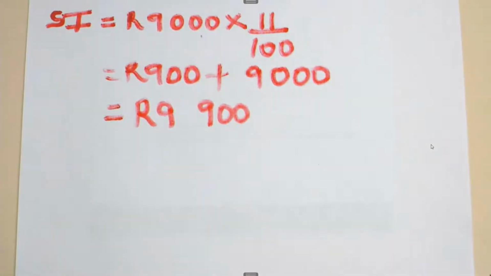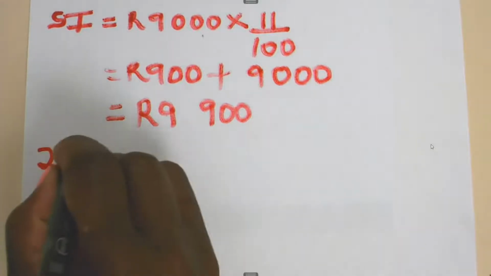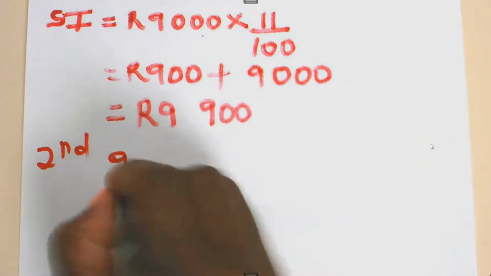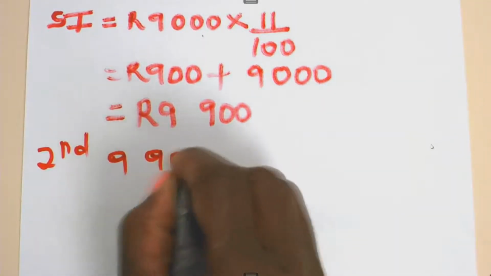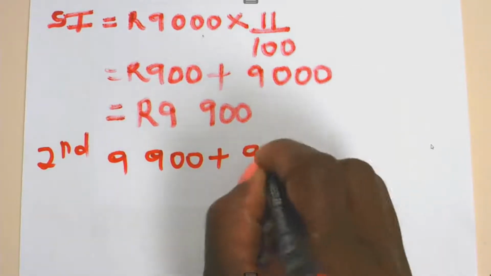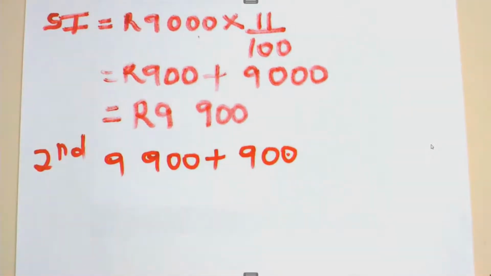That is for option 1 in the first year. And then we move on to the next one, which is the second year. During the second year, we just have to add. So on the second year, we add 9,900 with 900 because we said the interest remains the same.